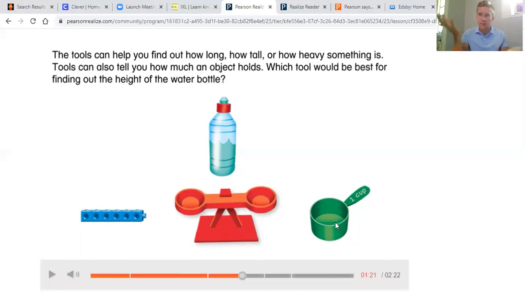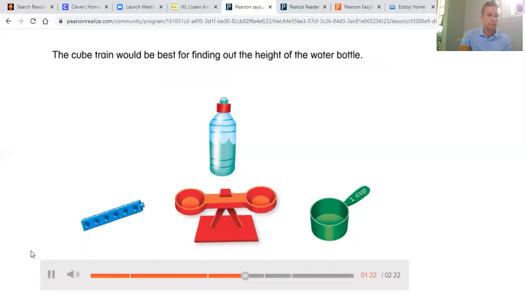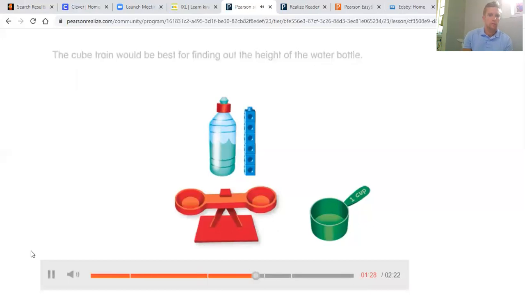No. Balance is weight. What about this blue cube train? Can I put the cubes on top of each other, stack them up, and find out the height of the water bottle? If you said yes, you're pretty smart. The cube train would be best for finding out the height of the water bottle.